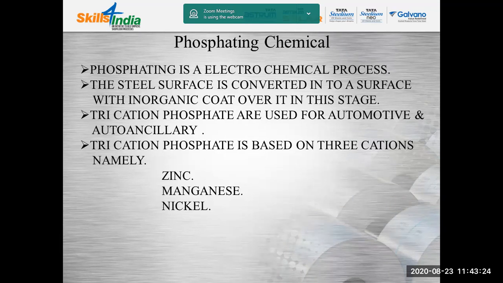Tricationic phosphate is used for automotive and electronic auto ancillaries. Tricationic phosphate is based on three cations, mainly zinc, manganese, and nickel. This is trication.